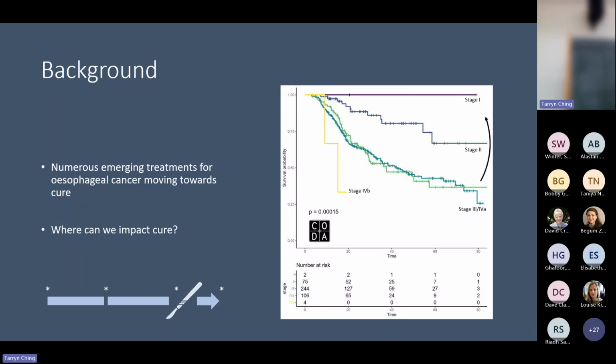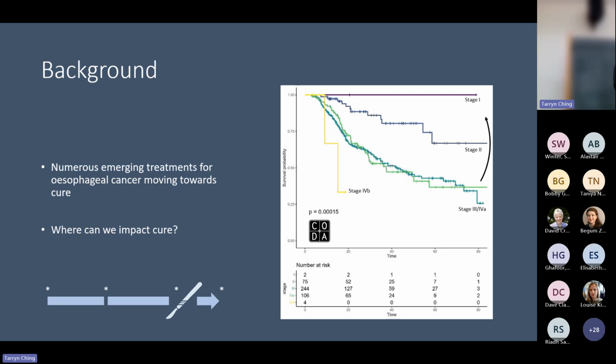Most of those are managed endoscopically. Stage 2s do pretty well, and then stage 3 and 4 do really terribly. What you can't see from that plot is how many people are in each stage, and actually about 80% are in stage 3 or above at diagnosis. So in terms of our cure rates, we are dealing with the lower curves on that survival plot.